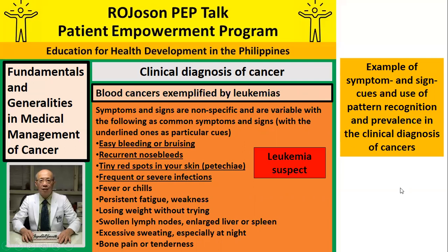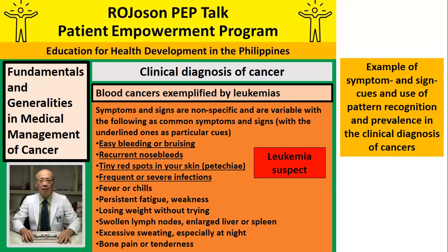I will now give examples of symptom and sign cues and the use of pattern recognition and prevalence in the clinical diagnosis of cancers. Blood cancers exemplified by leukemias.